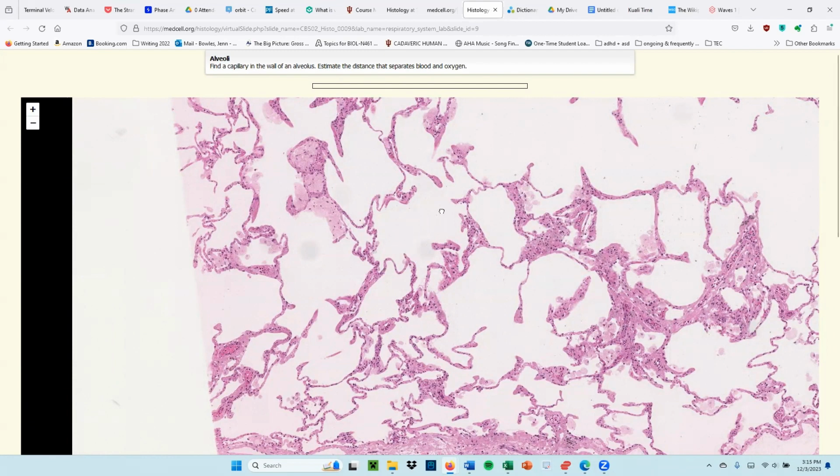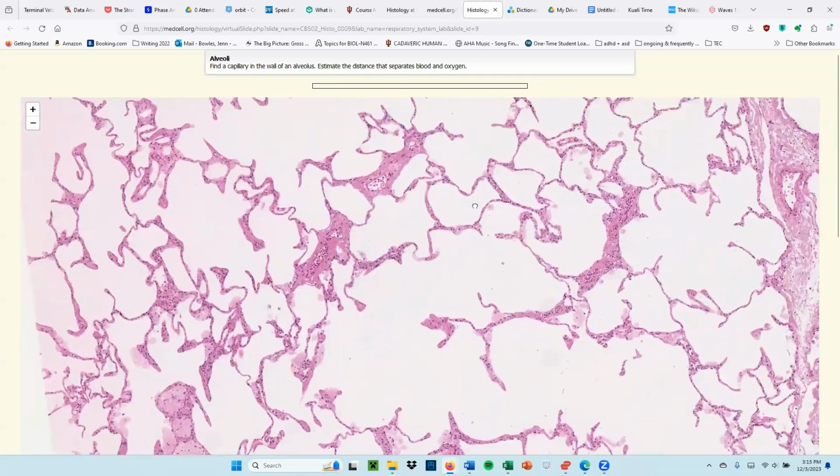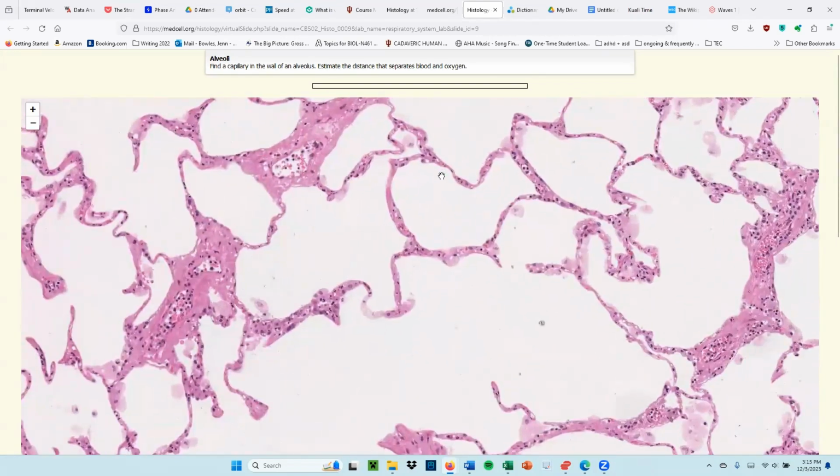So the main unit of air exchange is going to be one of these little clusters. These are alveoli, and they are lined by cells. In this case, those cells are going to be pneumocytes that are either producing that lubricating fluid, or they're going to be the actual cells allowing gas exchange between blood and these alveoli.